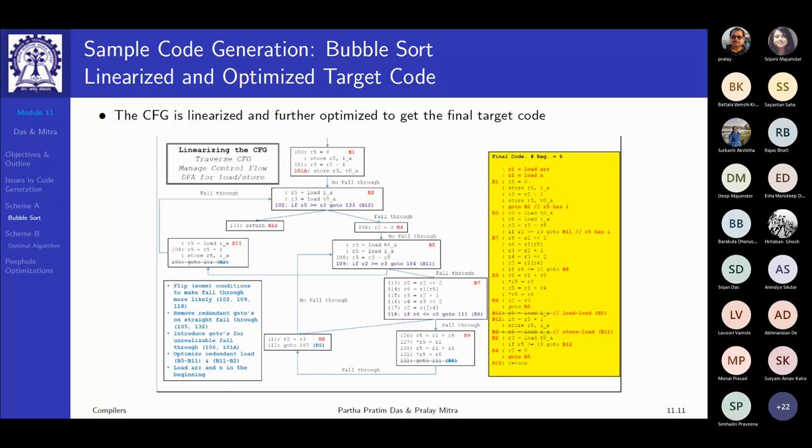And that will give you a working linearized code on which again you can do a DFA for the load store, and you can remove the redundant instructions based on load-store or store-load situations. So this is a simple scheme.